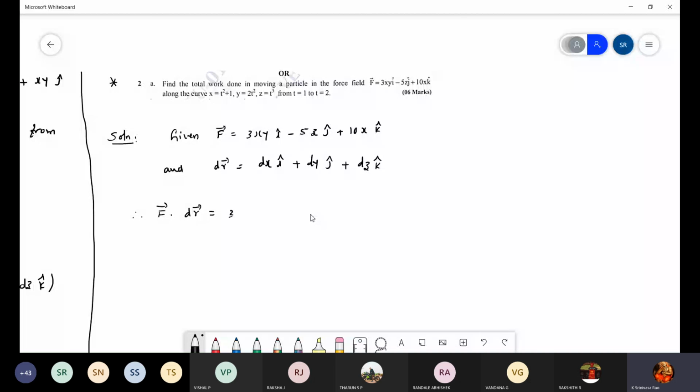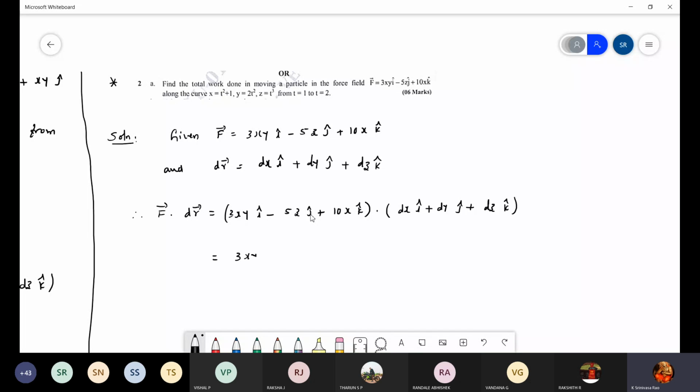Write down F: 3xy i cap minus 5z j cap plus 10x k cap, dot dx i cap plus dy j cap plus dz k cap. Now calculate this dot product.